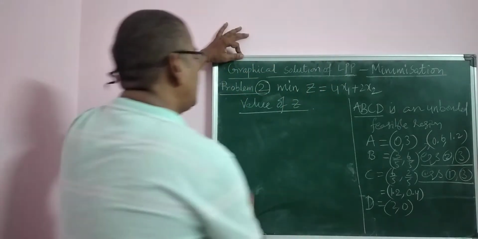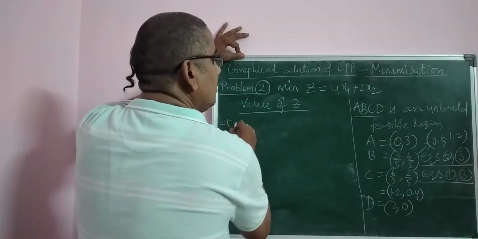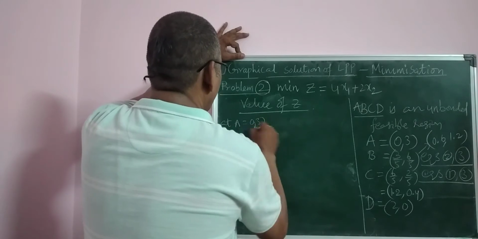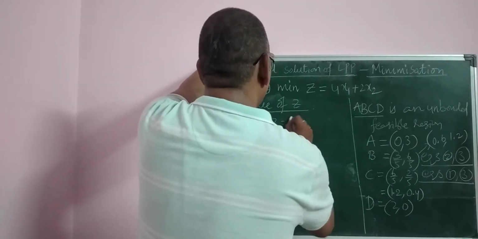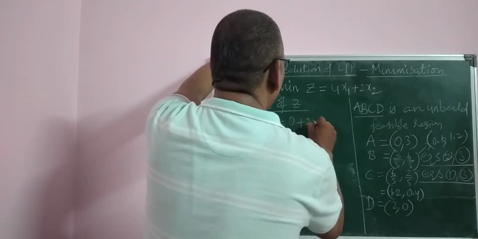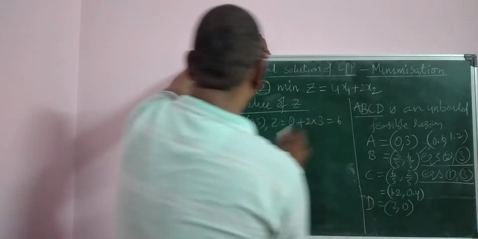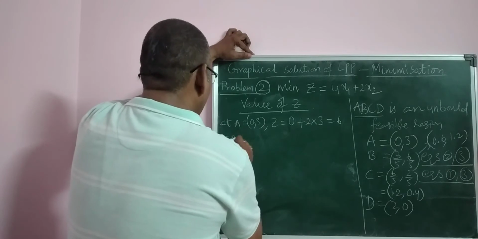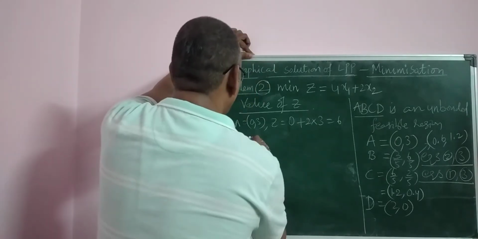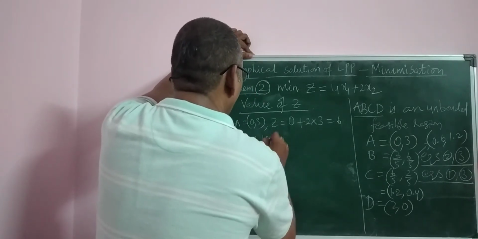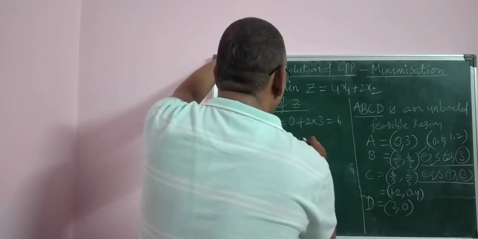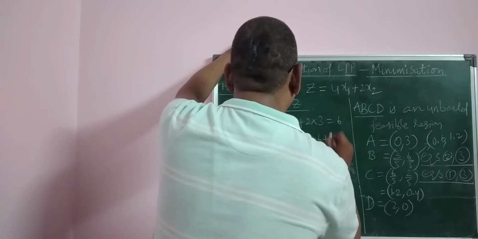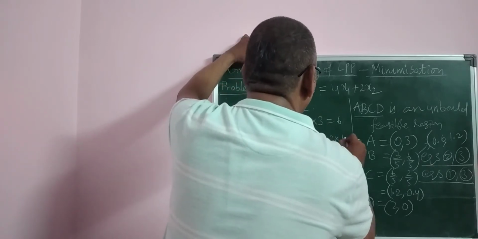At A equal to 0, 3, Z is equal to 4 into 0, that is 0, plus 2 into 3, which is 6. At B, which is 0.6 and 1.2, Z is equal to 4 into 0.6 plus 2 into 1.2.